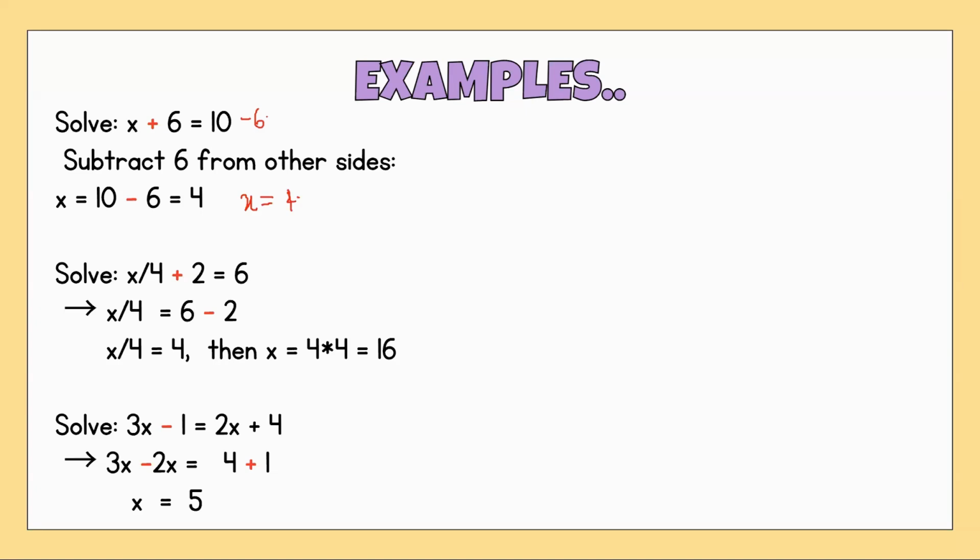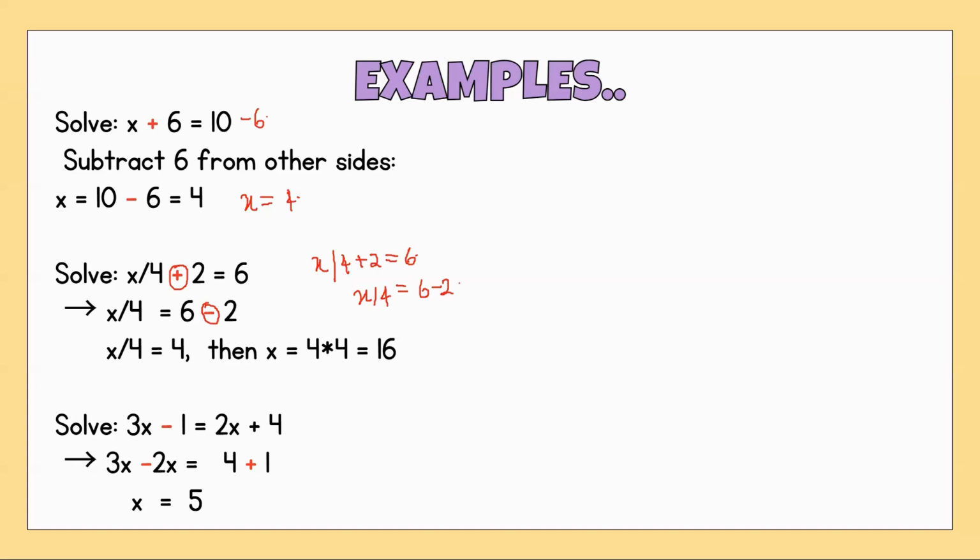x by 4 plus 2 equals to 6. x by 4, not only x, okay? Just x by 4 will give you 6 minus 2. Here it was plus 2 and now it is minus 2. Inverse operations.